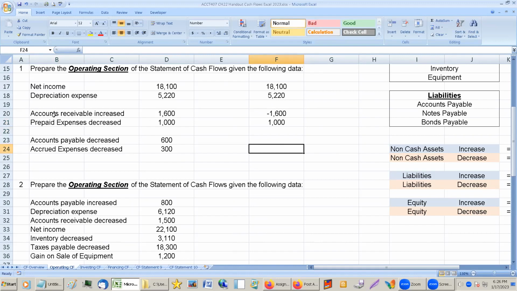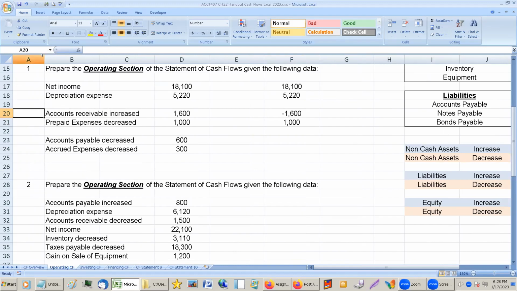So for assets, these are both assets, let me write that in. They go in the opposite direction. So if they increase, then cash decreases. If they decrease, then cash increases.